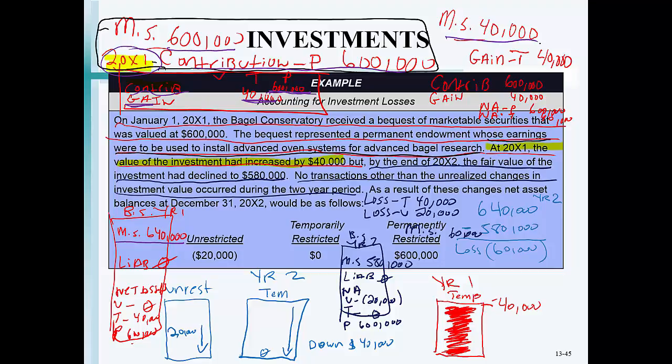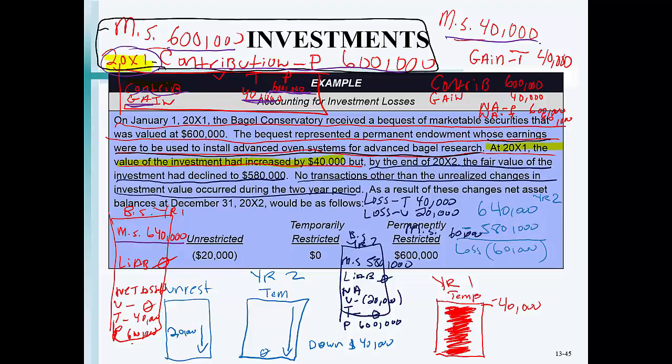Right? We have to credit something now, don't we? Okay. Well, we're going to credit what? And I'm not going to use an income summary account. I'm just going to take it straight to net assets. Net assets is like retained earnings, isn't it? Net assets is like retained earnings, so I'm going to credit net assets P, permanently restricted, for what?